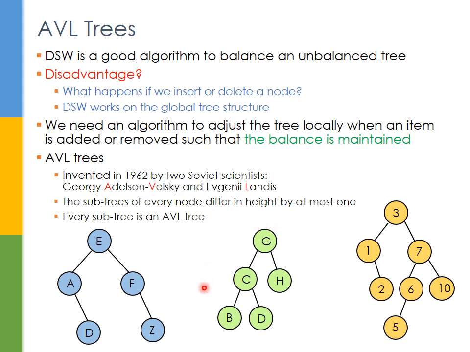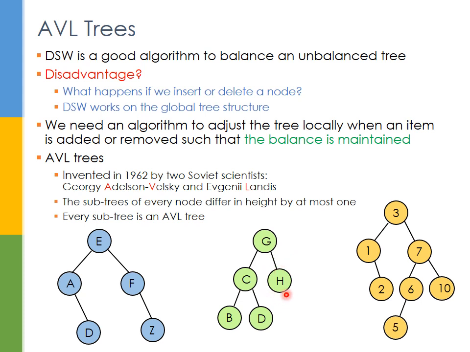If we look at this middle tree over here, and we consider initially the root node G, we see that there is a difference in height of 1 because the left subtree has a height of 2 and the right subtree has a height of 1.